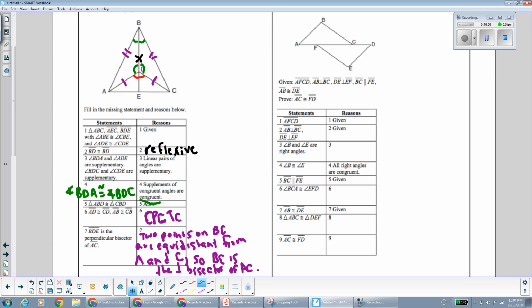You just need to get the fact in there that if the points are equidistant from the endpoints of AC, then that's another way of knowing it's the perpendicular bisector.